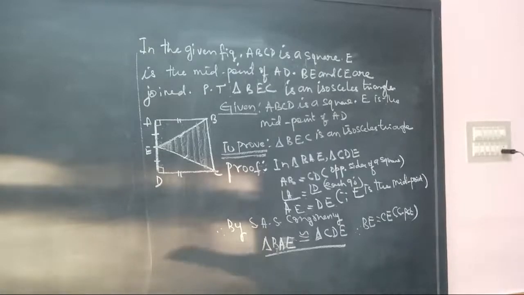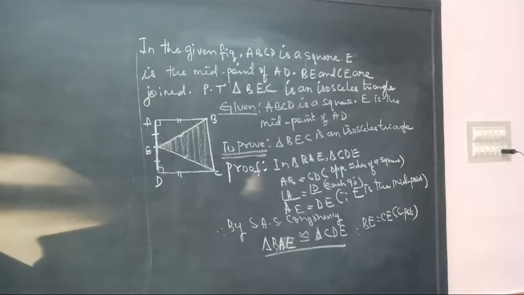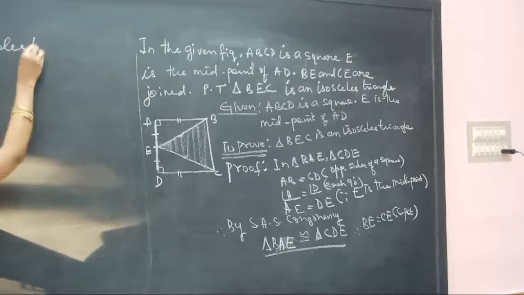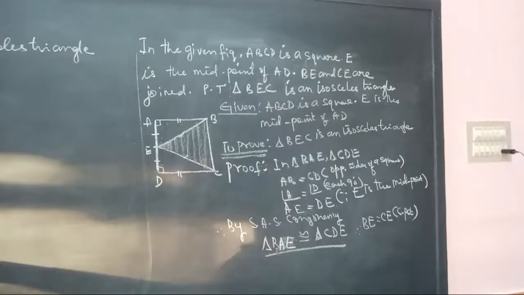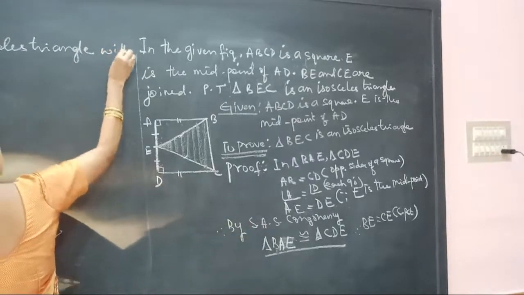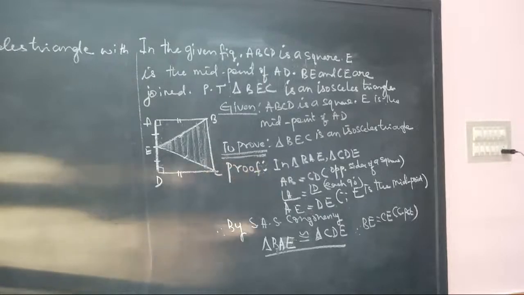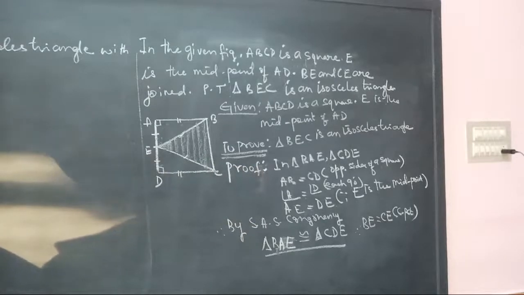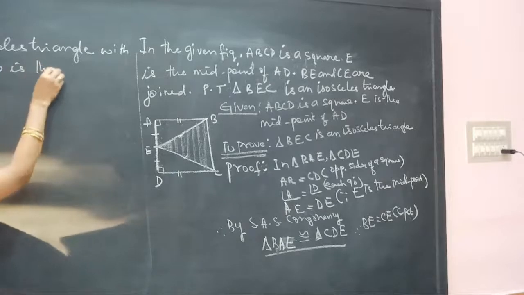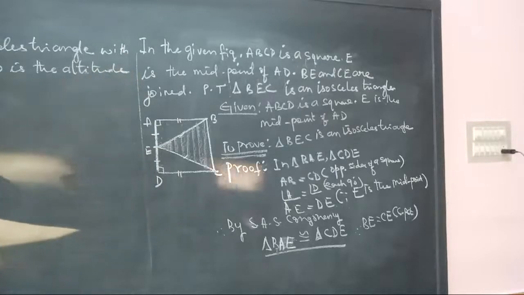Triangle ABC is an isosceles triangle with AB equals AC, and AD is the altitude of the triangle.